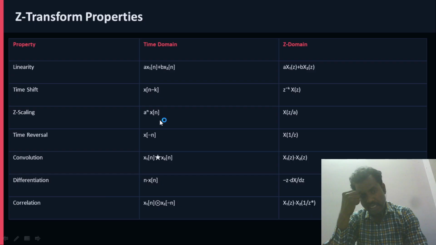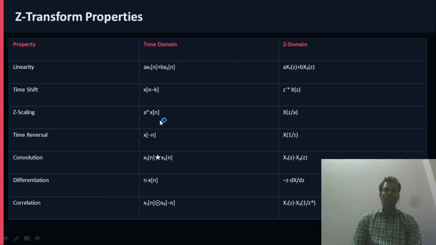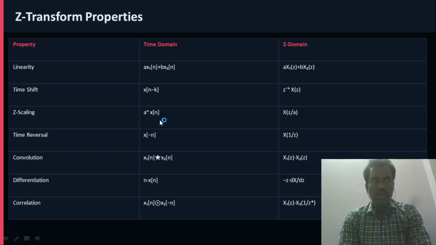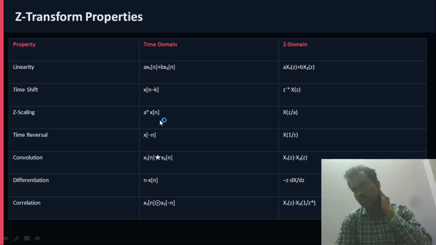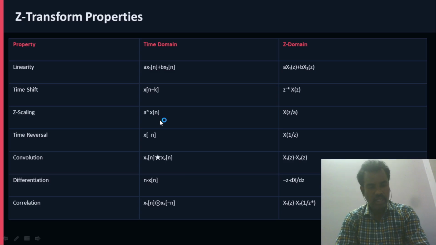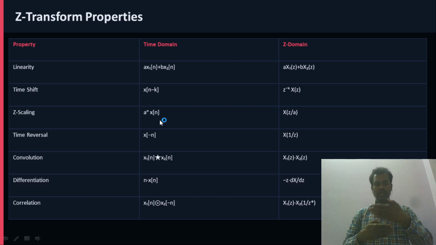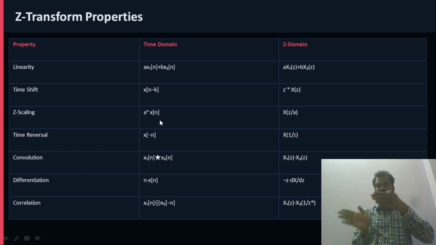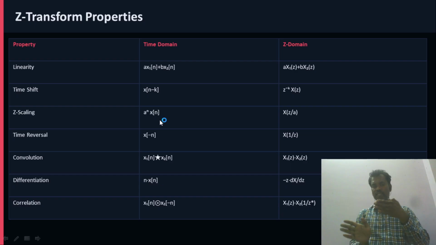And similarly, correlation. We know that convolution and correlation are similar, except that there is no folding of the sequence in the mathematical operation. In convolution, x of n is one sequence and h of n is another. One sequence is kept constant and the other is folded, then shifted from minus infinity to plus infinity, and wherever the samples match, they are multiplied for every shift.